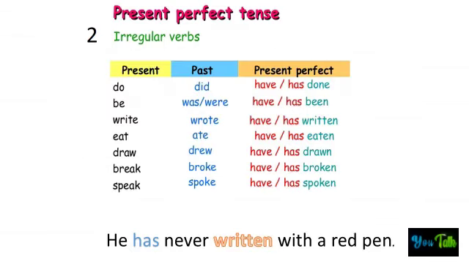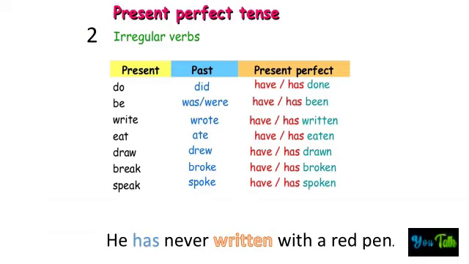Second being irregular verbs. Here, these are very tricky at times because they change or they are different in the past participle form. For example, do in the past tense, did, in the past participle, done. Be, was, were, been in the past participle.